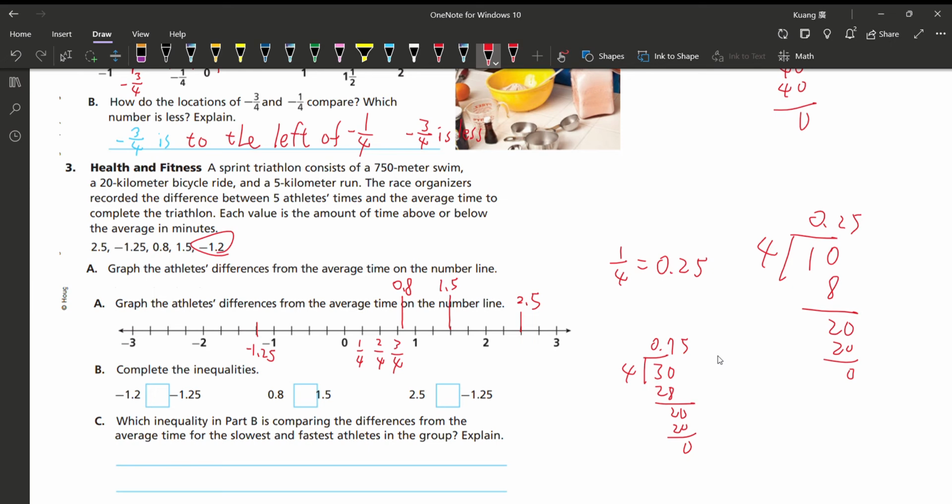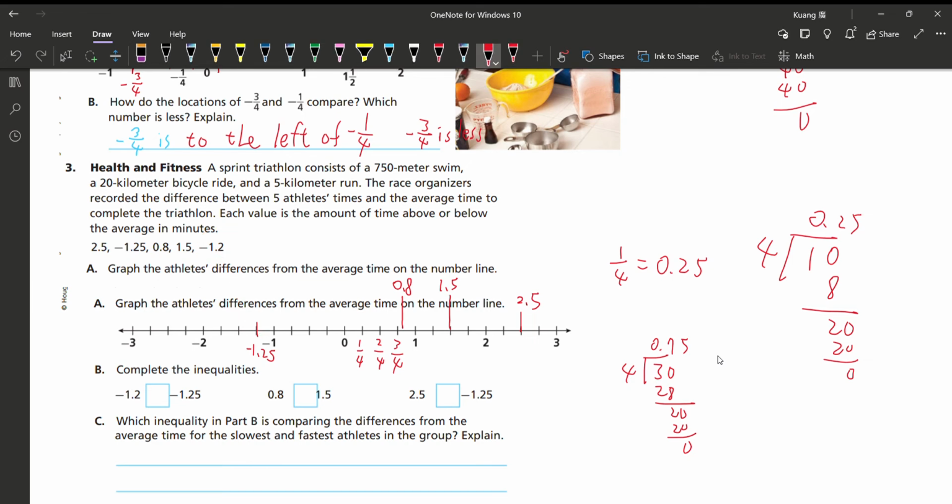And negative 1.2. This is negative 1.25. What do you think this point will be, on the right hand side or left hand side? Have a think and answer me, right or left. No, it's on the right hand side of this point. Be careful.